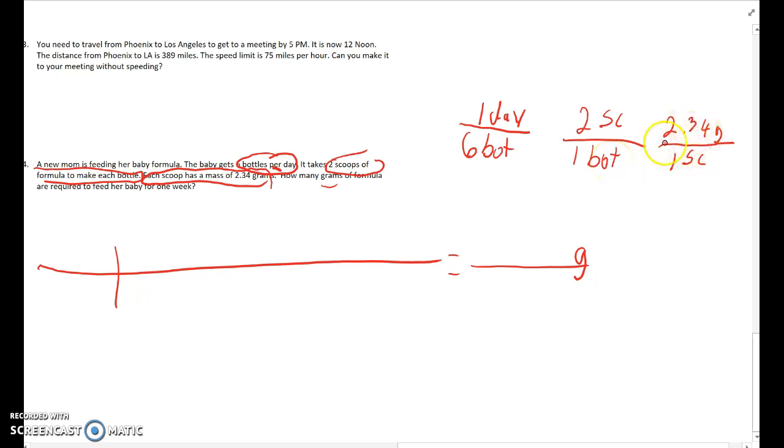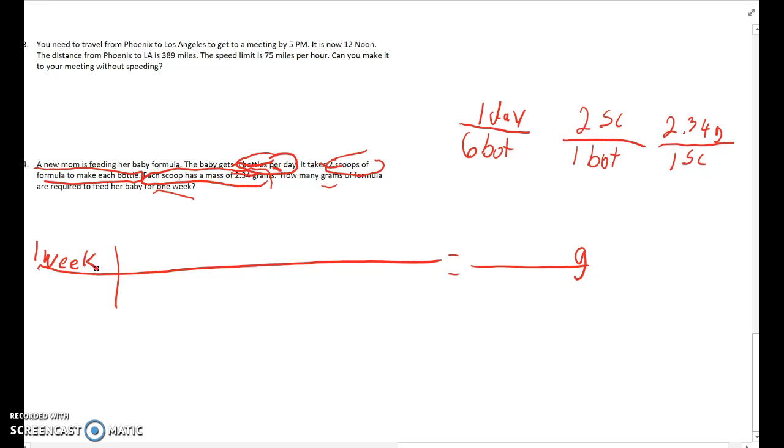Once I have figured out what my conversion factors are, I know that those numbers are not my starting point, which means that the only thing I have left is I want to find out how much baby food is required for 1 week. That is now my starting point. And it's a lot easier to pick that out once I've eliminated my conversion factors.